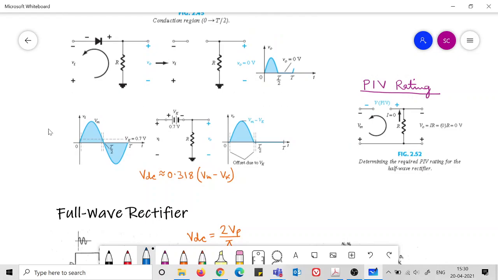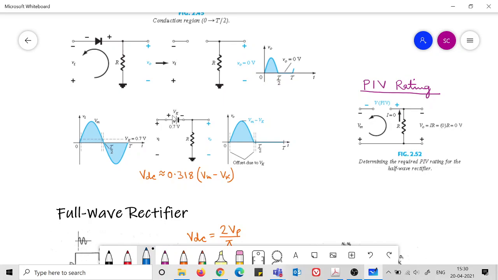This third picture is when you are considering the second approximation of the diode. In the second approximation, during forward bias, the knee voltage is applied across the diode. It is like a battery within the diode. It is not a battery, it is simply the barrier potential, the knee voltage.